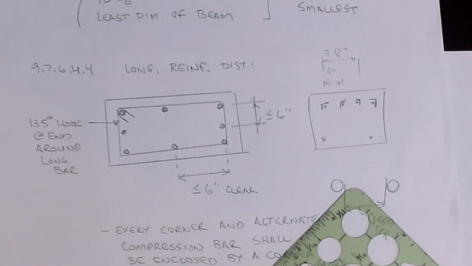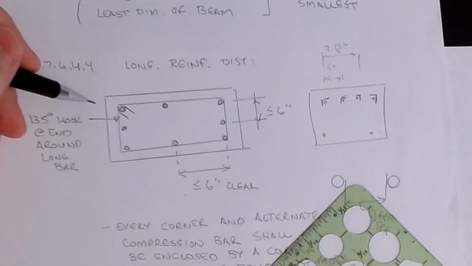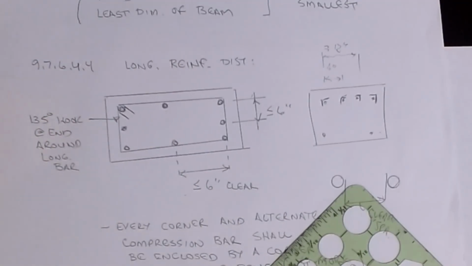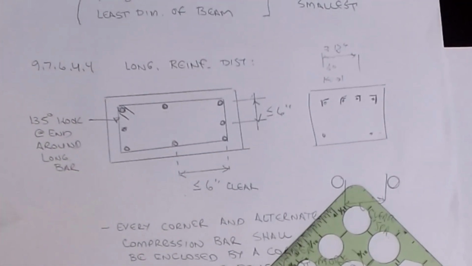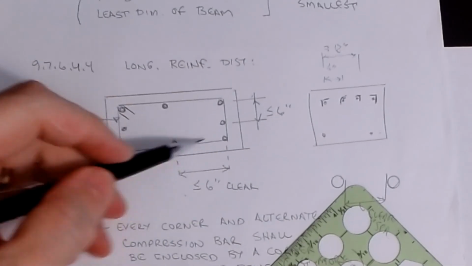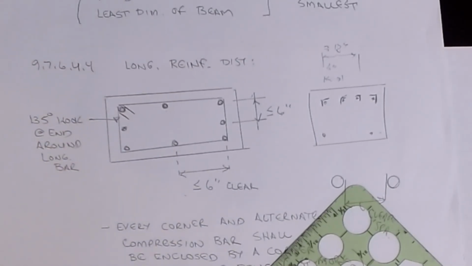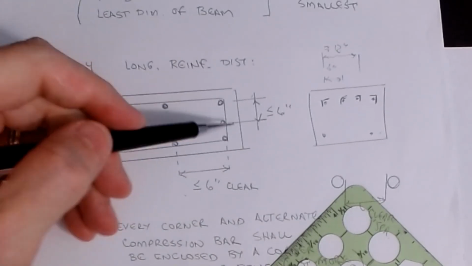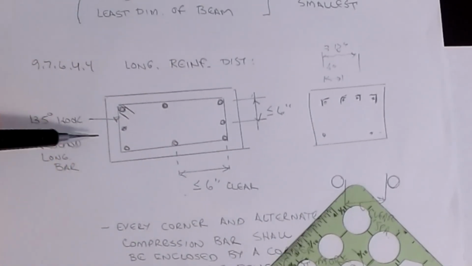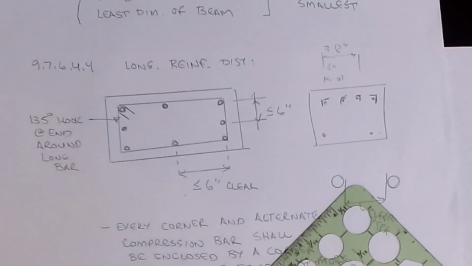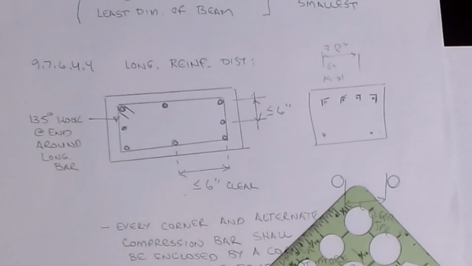It puts a lot of bars around the perimeter and gets you into a lot smaller sizes. The idea is that by limiting it to 6 inches, I have more bars that will keep these torsional cracks from growing wider and wider. And if I can prevent it from growing in this face, I will protect all of the other faces around it as that crack starts to form a helical crack around the section.